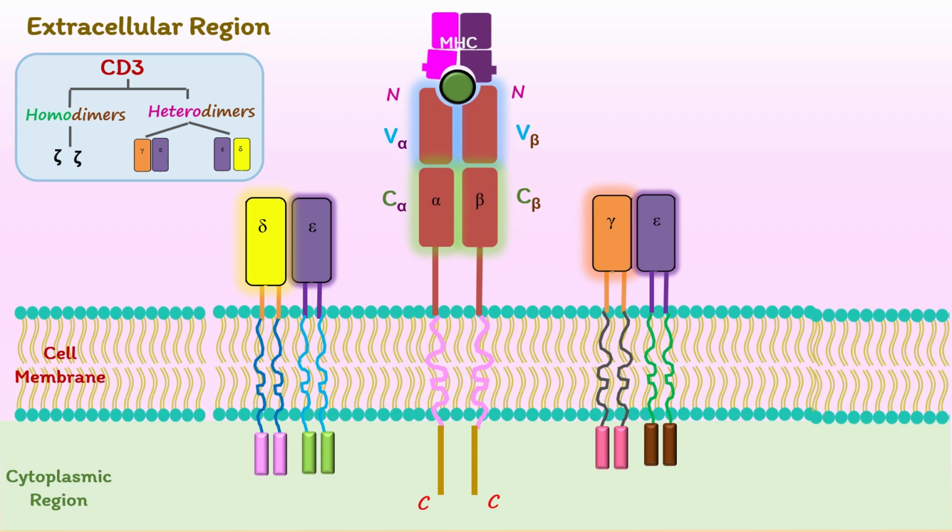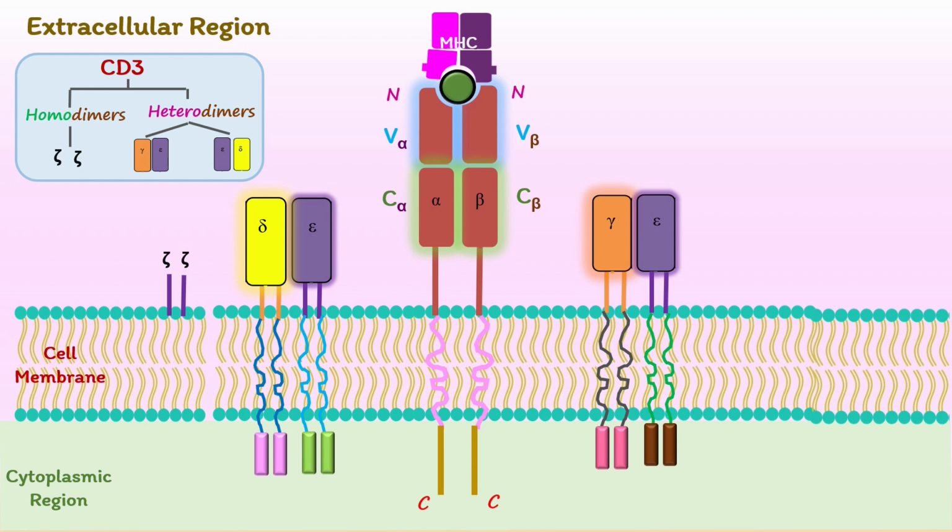One has gamma and epsilon monomers, while the other has delta and epsilon monomers. As we have studied, besides these 2 heterodimers, the other one is a homodimer. Now let's discuss the homodimer. It has monomers, but both monomers are the same. That's the reason it is called a homodimer.